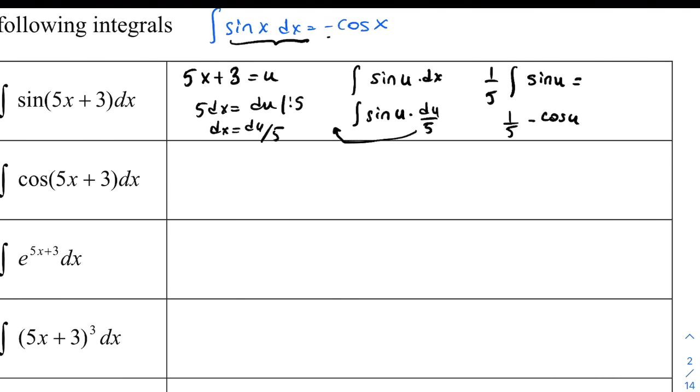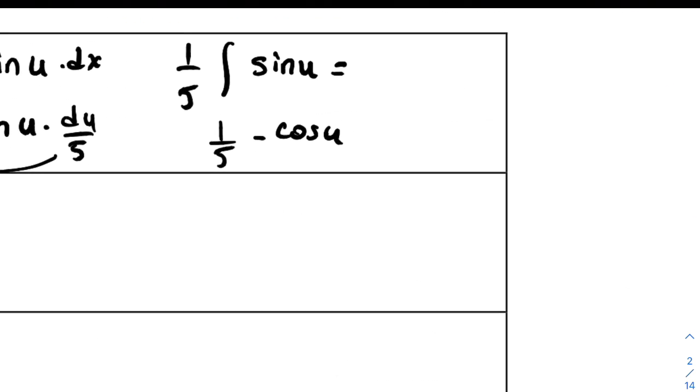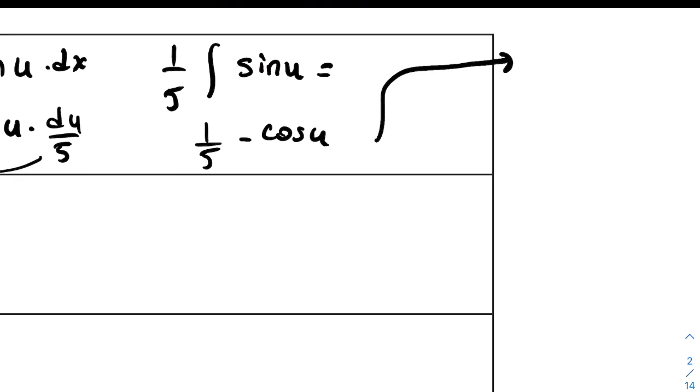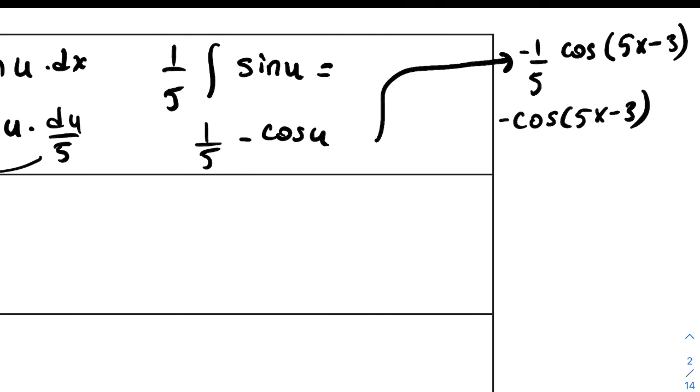What is my u now? 5x plus 3. Let's write it down here. This is equal to 1 over 5 times minus cos(5x plus 3), or just negative cos(5x plus 3) divided by 5, plus c, and this is the answer.